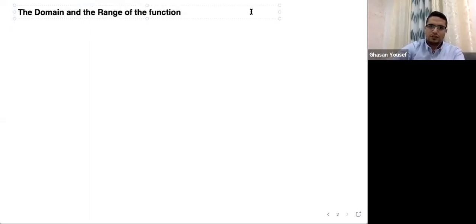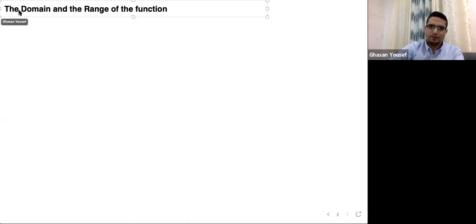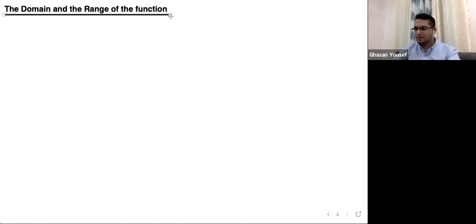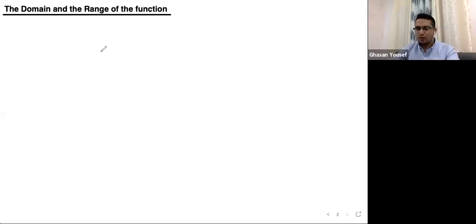So the question is now, what is the domain? Anyone can remind me what is the meaning of domain? The domain is all the x values. Any x values, can I plug any x value, or all possible x values?